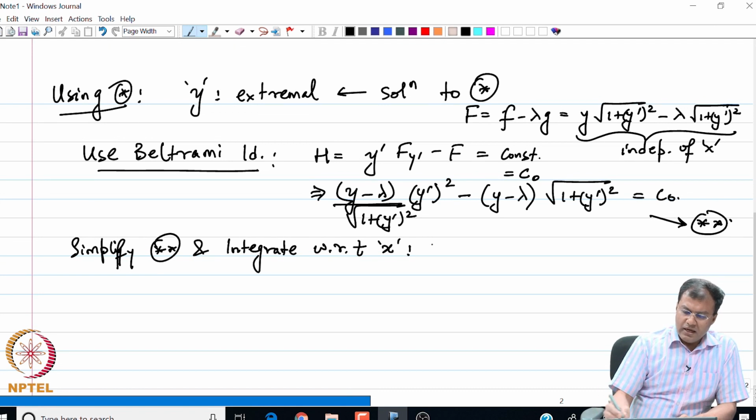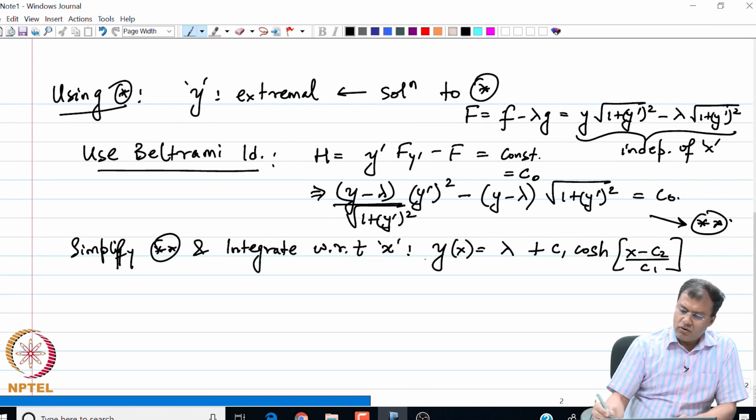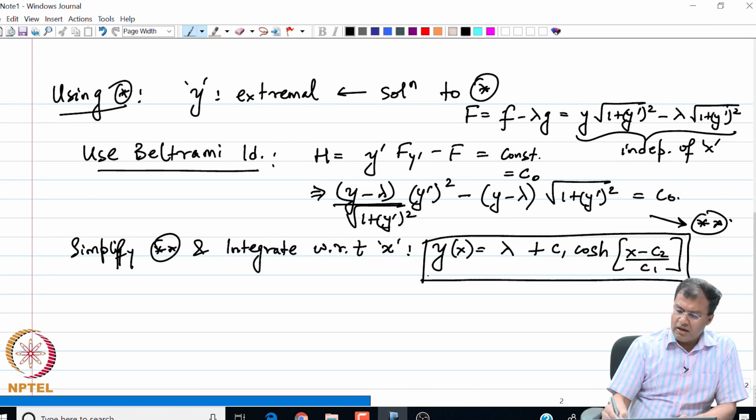After doing all the steps, let me write down the result. So y of x is lambda plus C1 cosh of (x minus C2) by C1. So that is my extremal, this time the extremal with the Lagrange constraint lambda. Now the next set of steps is to look at this solution and see what are the plausible values of C1 and C2. To do that I am going to change my set of constants.